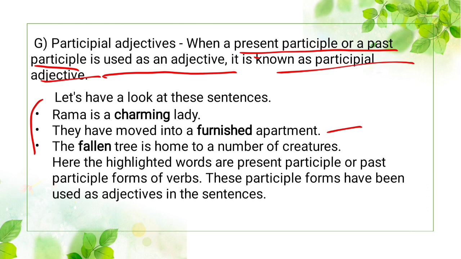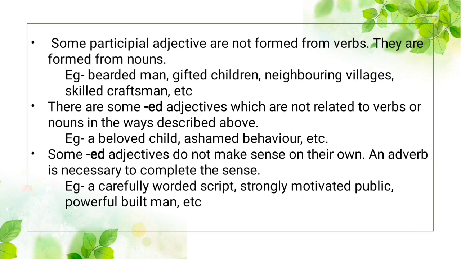In these sentences, the words charming, furnished and fallen are present participle or past participle forms of words, but these words are used as adjectives in the sentences. That's why they are known as participial adjectives. Next point is some participial adjectives are not formed from verbs.